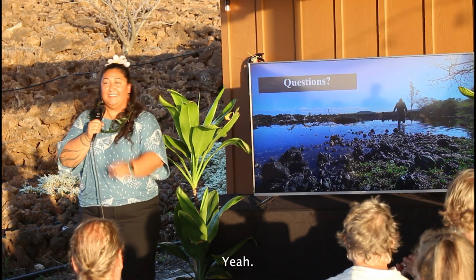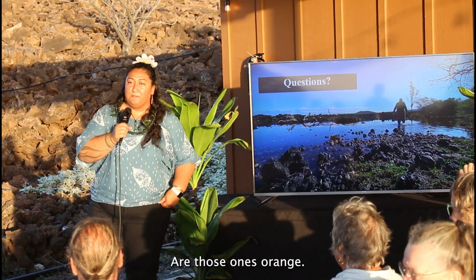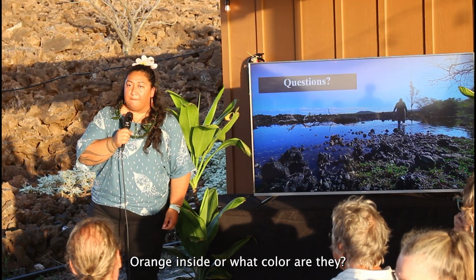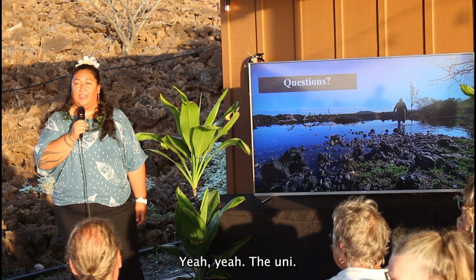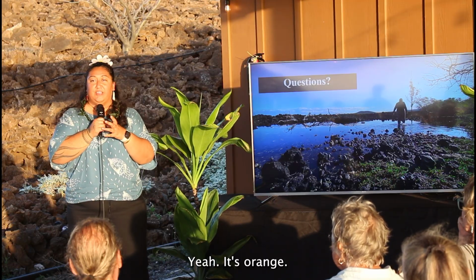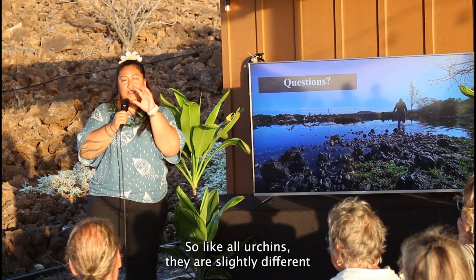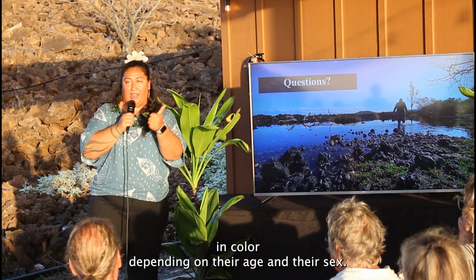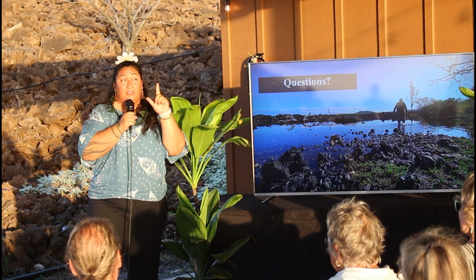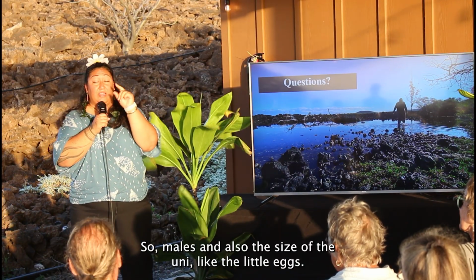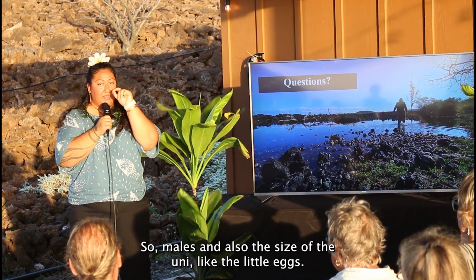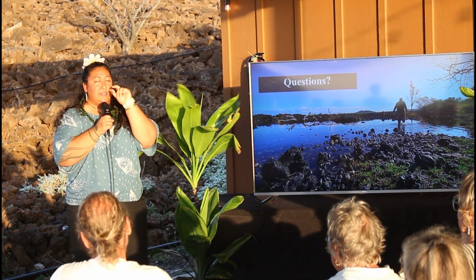Are those ones quite orange inside, or what color is the meat? Yeah, the uni is orange. Like all urchins, they are slightly different in color depending on their age and their sex, and also the size of the uni, the little eggs.